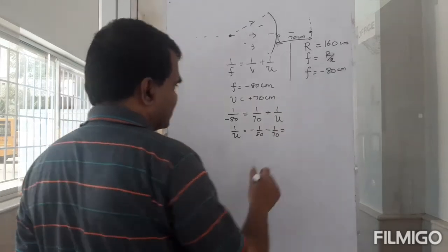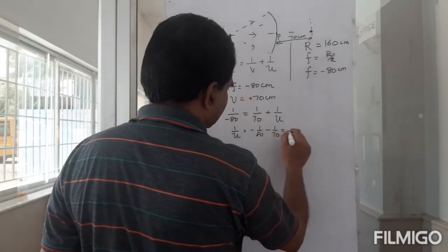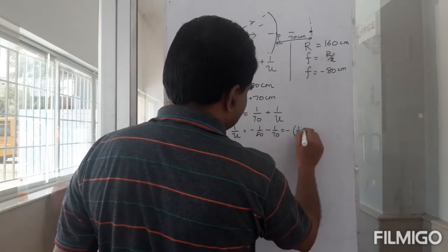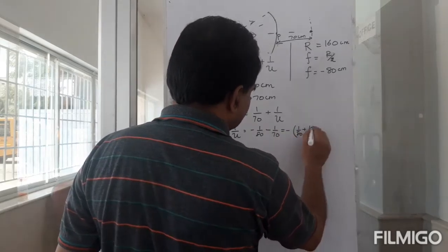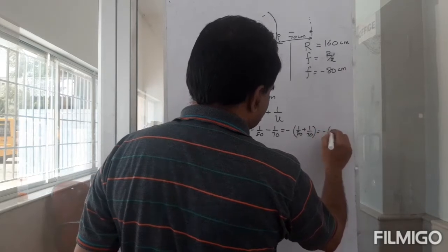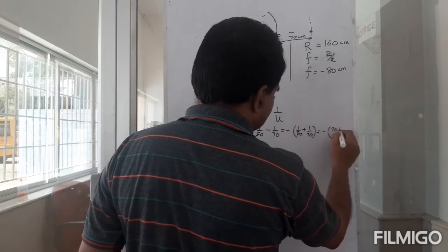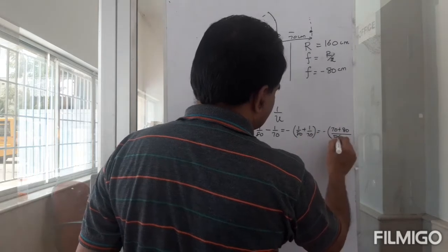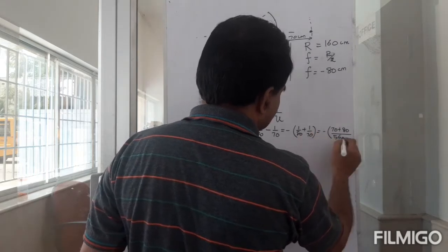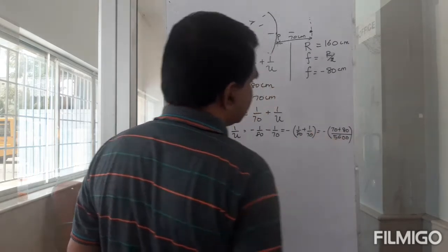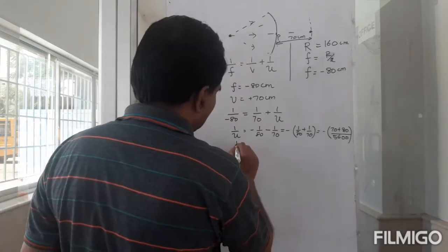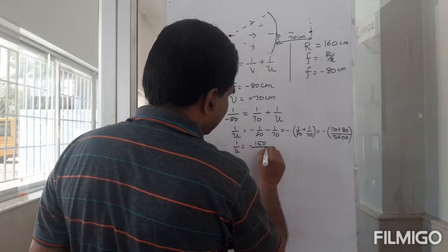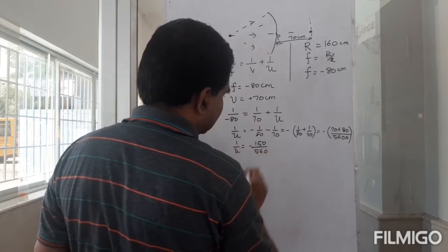So this must be equal to minus of 1 by 80 plus 1 by 70, and that will be minus of (70 plus 80) by (80 into 70), right?